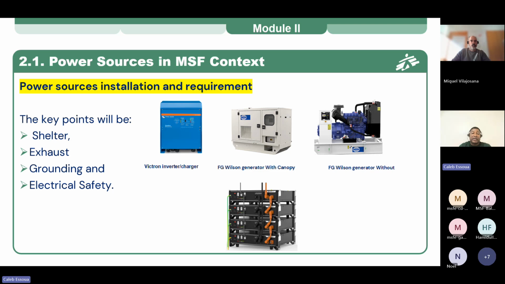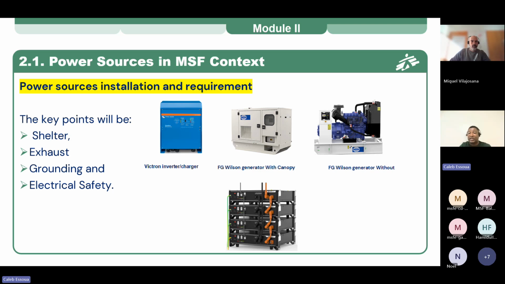What is also important to take into account is the power source installations. Sometimes we are in a hurry, like for emergency things, we just buy the generator and put it without any preparation. This is not good for the generator because you have to control the exhaust. First, you have to make a good slab for the generator to sit properly. Because if the generator does not sit properly, it will start having problems with the alternator and the engine because of the alignment, and this can affect your generator.